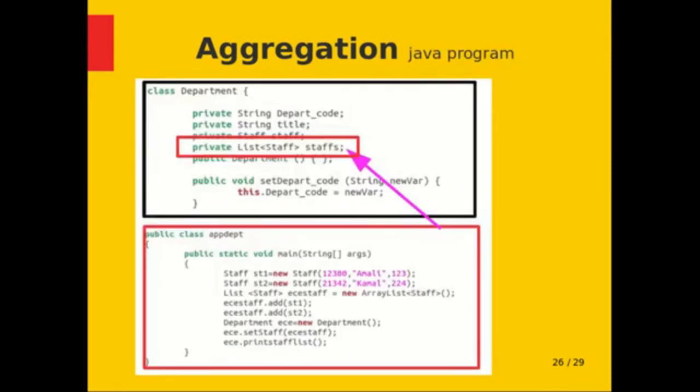Aggregation using Java: you can see here a list of the staff class in the department. Its scope is private. In the main class, two staff objects are created, called st1 and st2. Then they are added to a list of staff. Thereafter, a new department object is created.